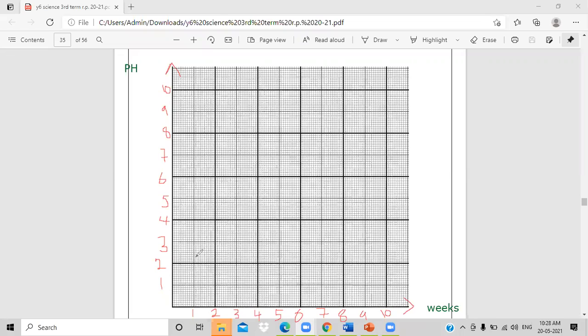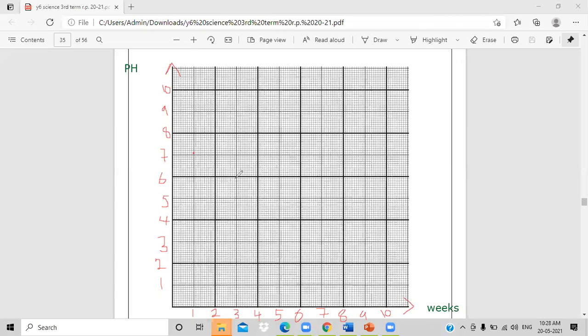So I'm going to go up till I reach number 7, and then the very small box, I'm going to skip only 1. So this means 7.1. And I'm going to put a dot right here. All right, this is 7.1.